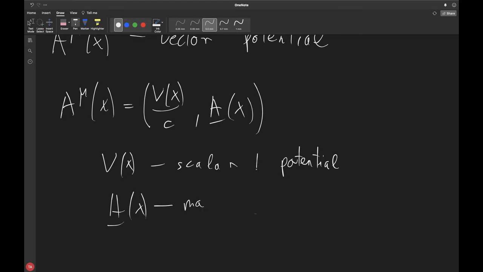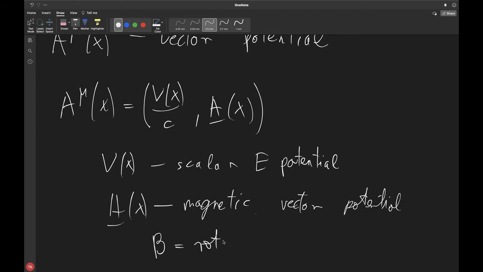This is the electric potential here, and this is the magnetic vector potential, which is defined by the fact that we can get B by taking the curl of this A vector, and B was a vector too. So this was the same as nabla cross A.